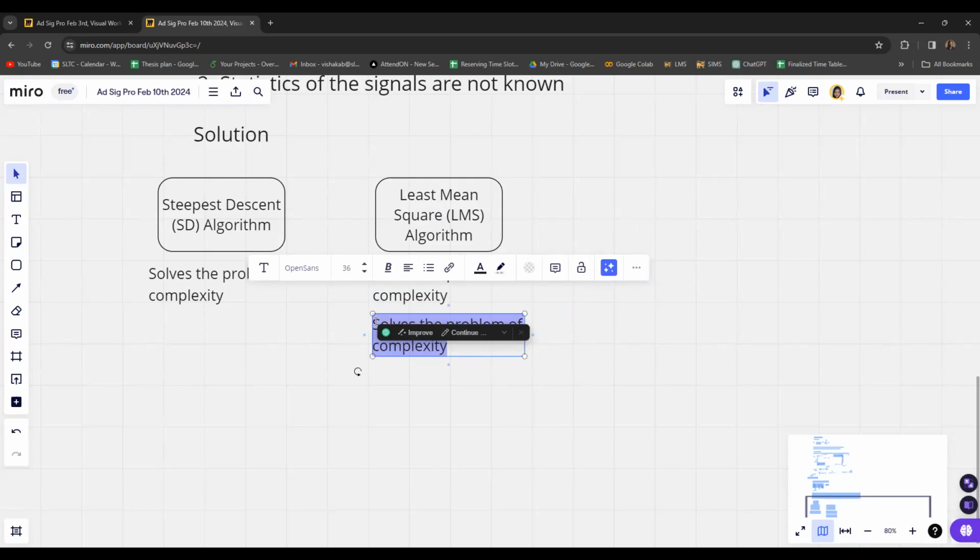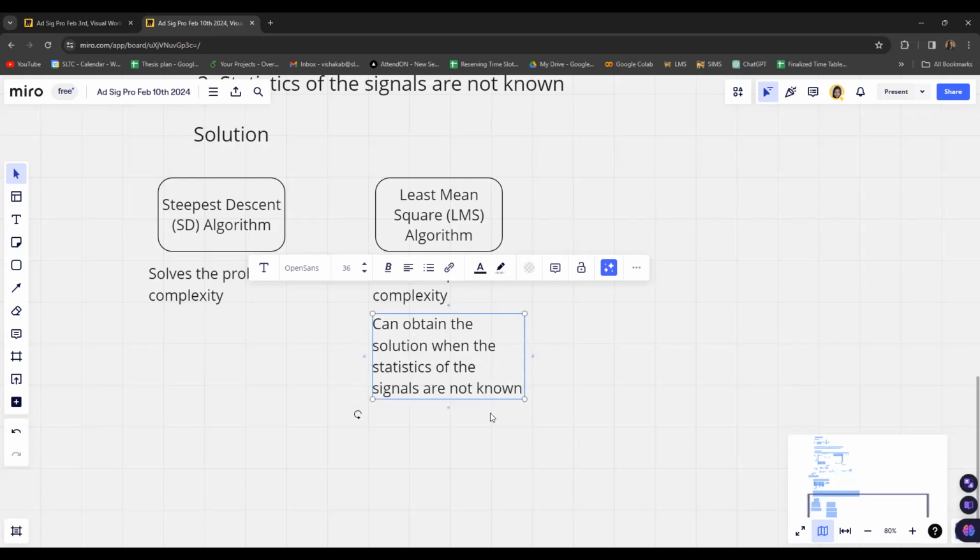So we can find the filter coefficient values even when the statistics of the signals are not known. The LMS algorithm can solve both the problems that we discussed just a while ago.